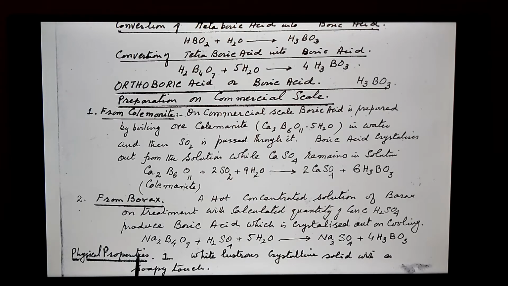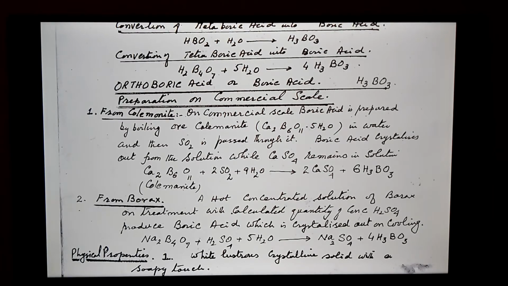So the equation is, this is borax, Na2B4O7. We have studied it yesterday. Calculated amount of sulfuric acid, little water, and it gives us sodium sulfate and orthoboric acid. These are the two available methods for the preparation of orthoboric acid.